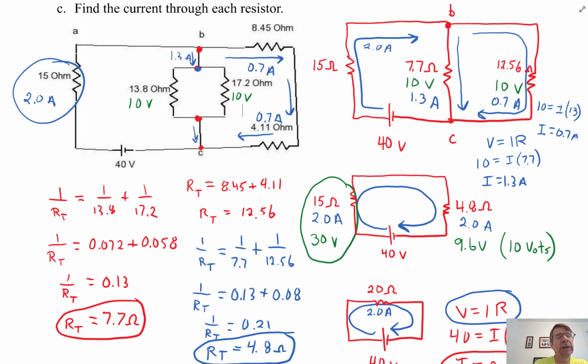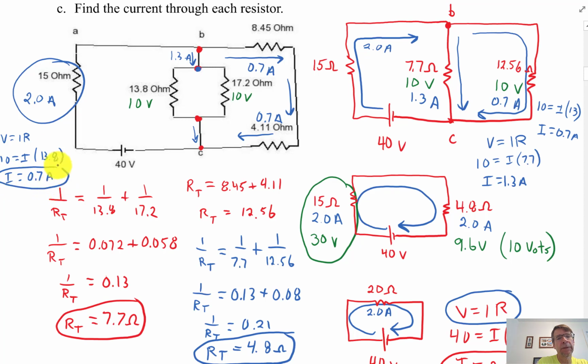I'm going to switch to blue again and go way to the left. So for the 13.8 ohm resistor, I'm going to do V equals IR. It's 10 volts equals I times 13.8. So the current in that resistor comes out to be 0.7 amps.